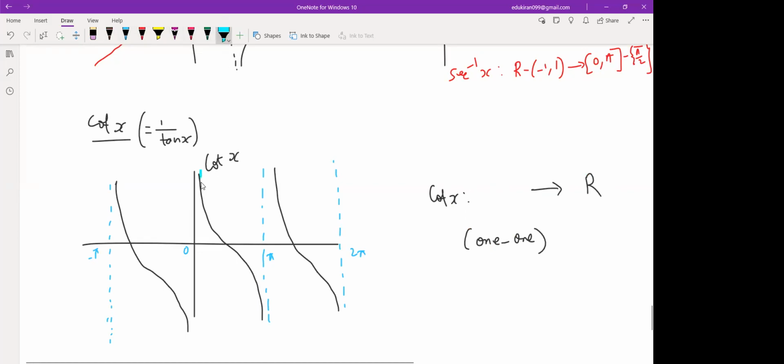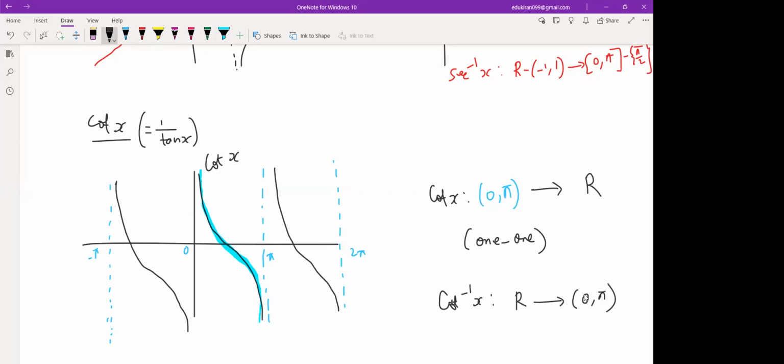Can we take this part, this branch, 0 to pi, open? So we take this and truncate all other branches. In that case, cot inverse x will be R to 0 comma pi.